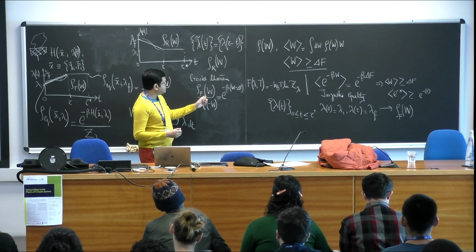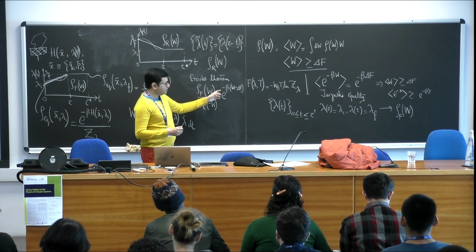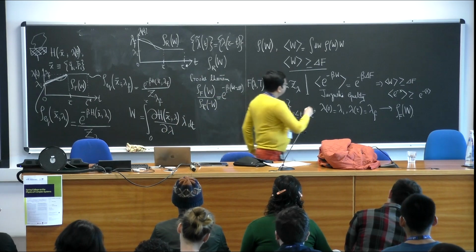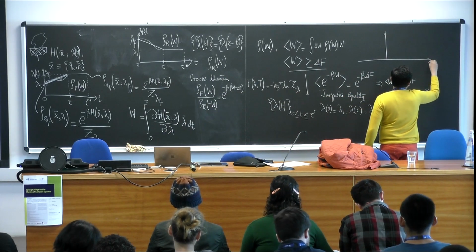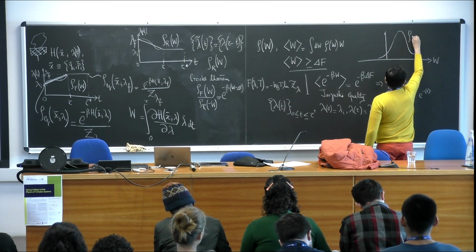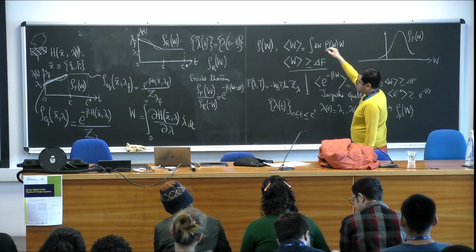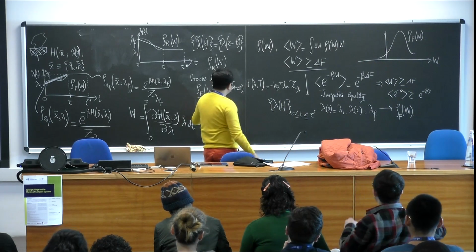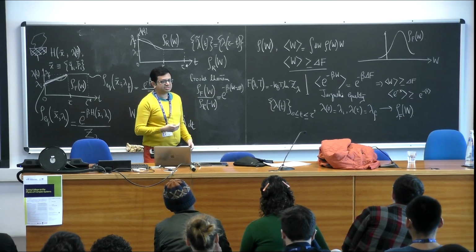So these are two probability distributions. What can I say about these two probability distributions from this form of the ratio? Okay, so let's say if I draw my W, let's say this is my rho F of W, and somewhere it would be rho R of minus W. But can you tell me whether the two distributions will ever cross each other?